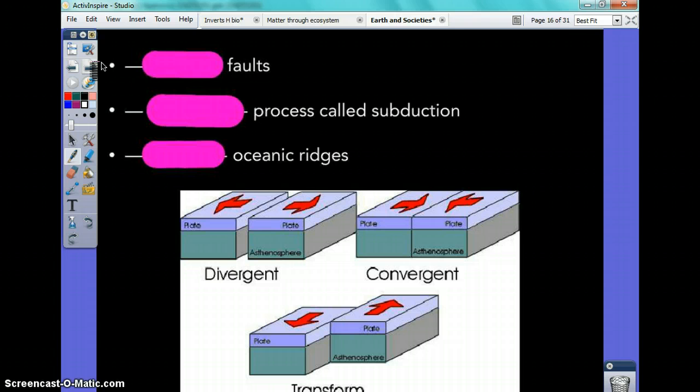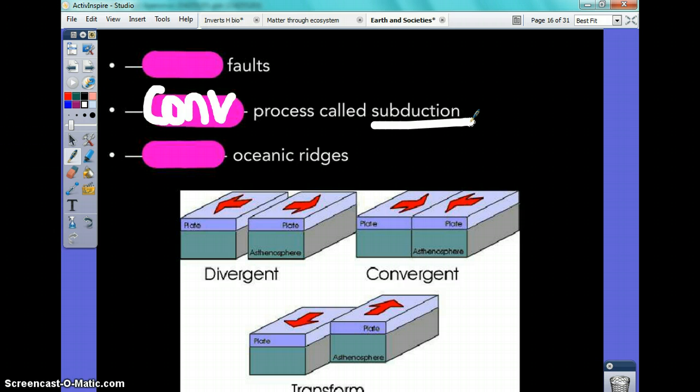Okay, so what is the first kind of movement for shifting? Transform, like the faults that slide past each other. Converge. Okay, convergence is the second one. The process is called subduction for convergence.